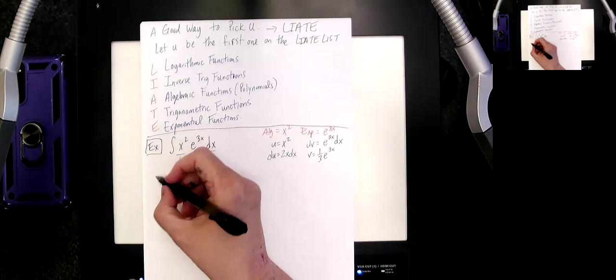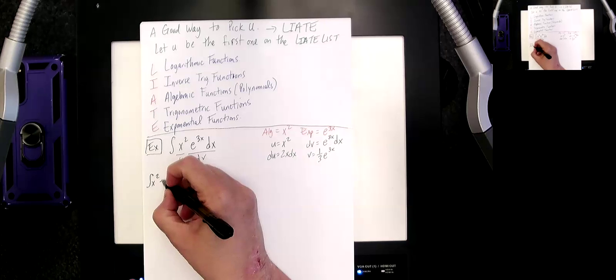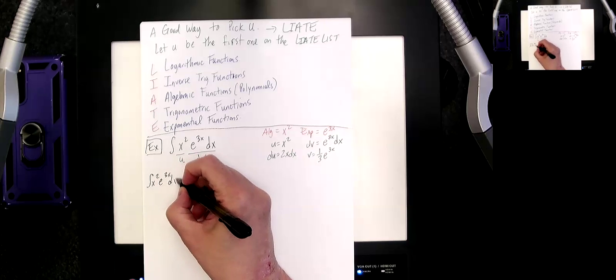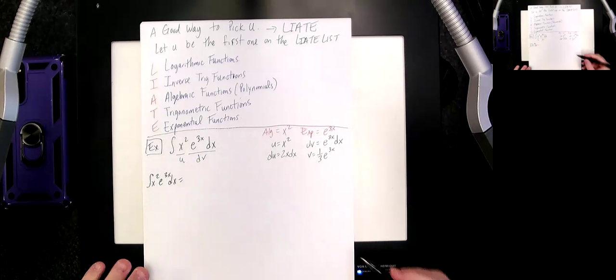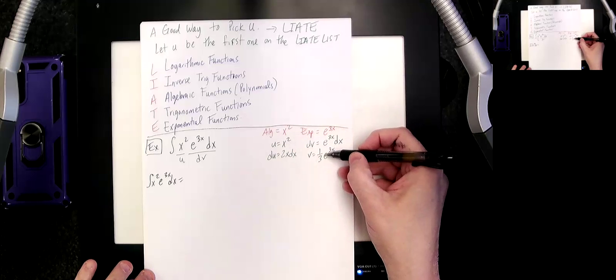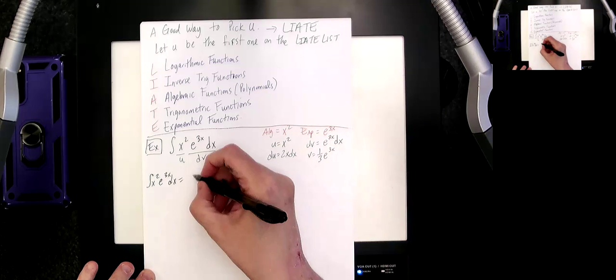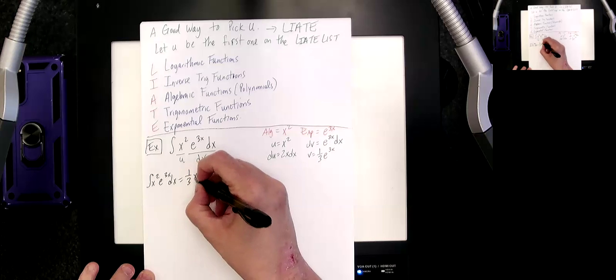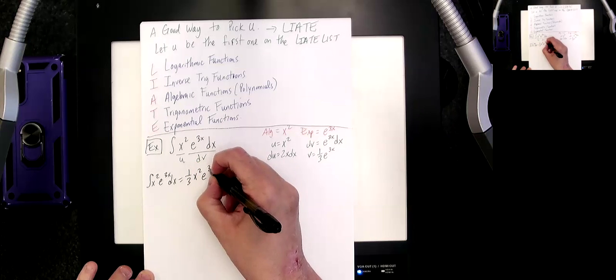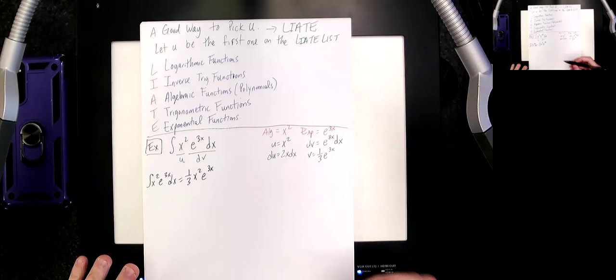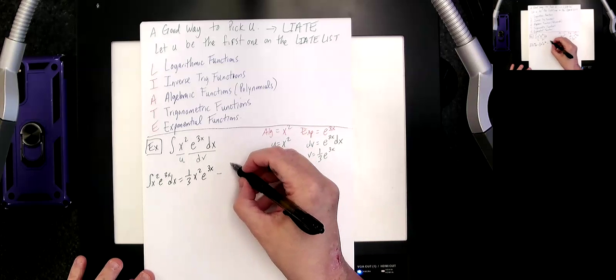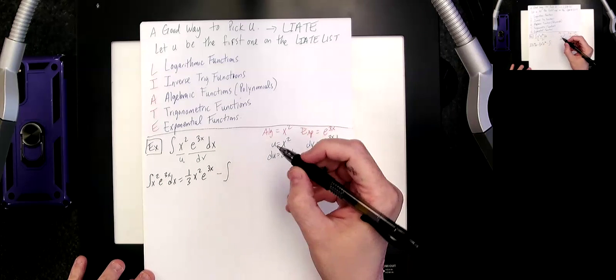So we have the integral of x squared e to the 3x dx equals, we want to do uv, x squared times 1/3 e to the 3x. I'll put the 1/3 first. And then we want minus the integral of v du.